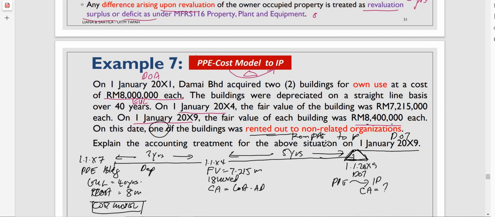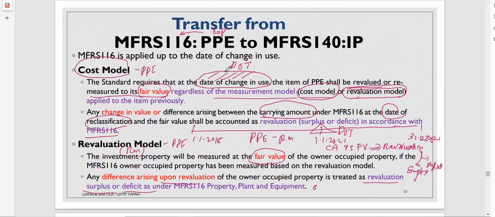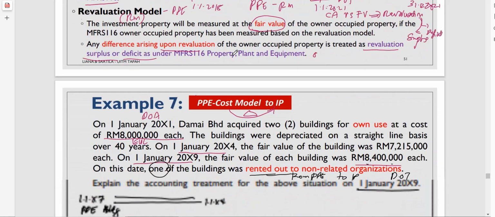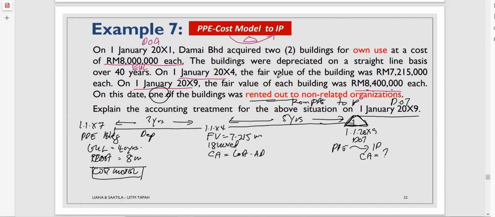And according to the standard, on the date of transfer, the building must be revalued. On the date of transfer, it requires that the item of PPE must be revalued regardless of the measurement model. So on the date of transfer, you need to find out whether there is a surplus or deficit by comparing the carrying amount with the fair value.